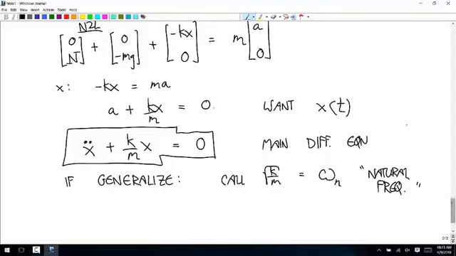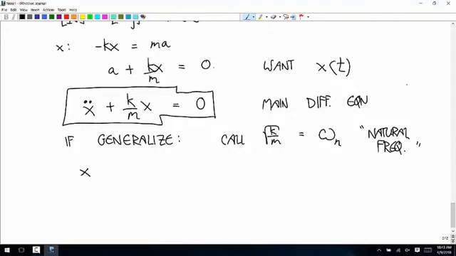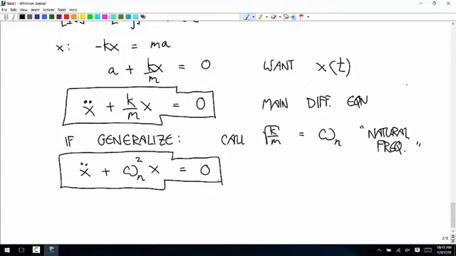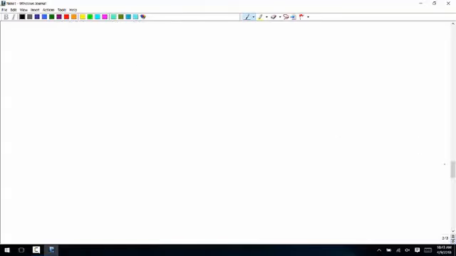And then the equation becomes x double dot plus the natural frequency squared times x is equal to 0. I'll call that equation star, and that'll come up a bunch in this. I call this one equation 1. That's the one that's specific to the spring and mass system.